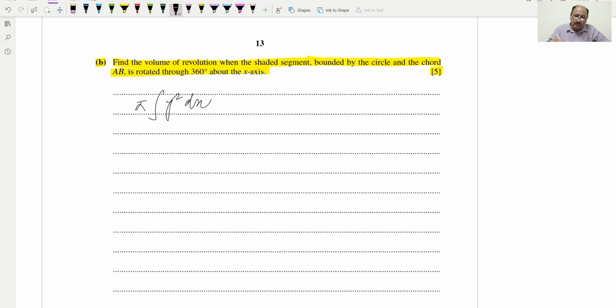This is how we are rotating, and now we can use the equation which is given, (x minus 2) squared plus y squared is equal to 8, and y squared will be equal to 8 minus (x minus 2) squared.